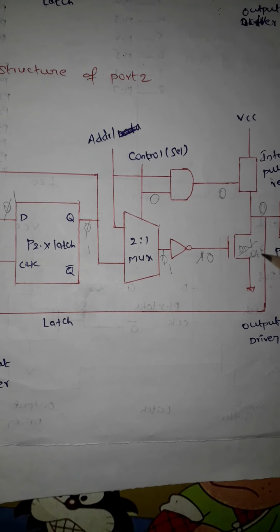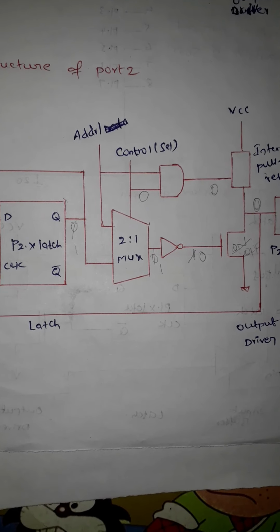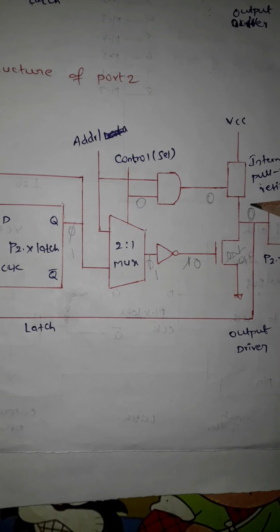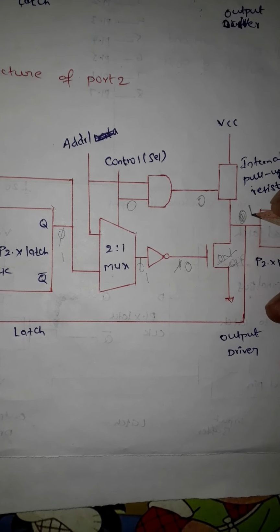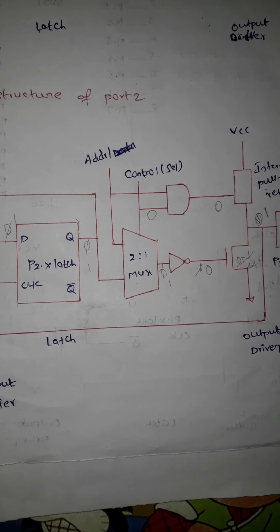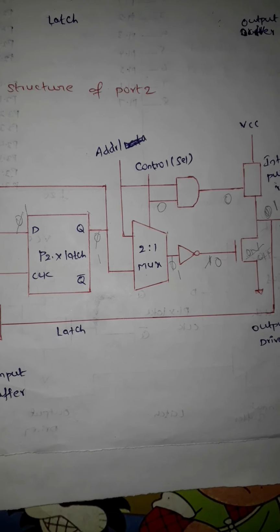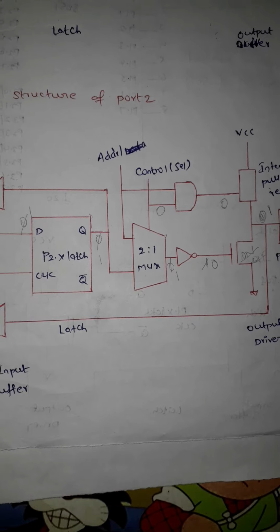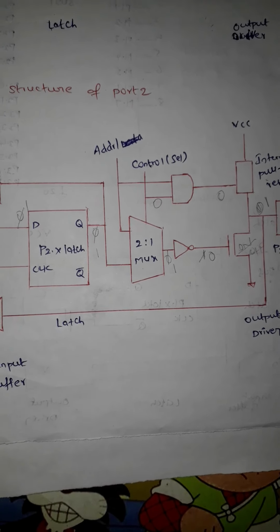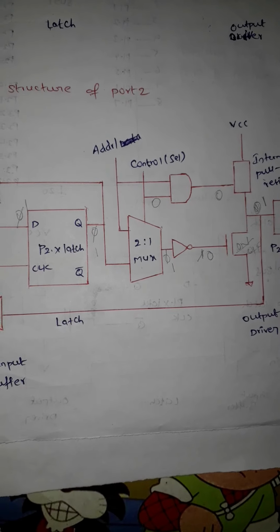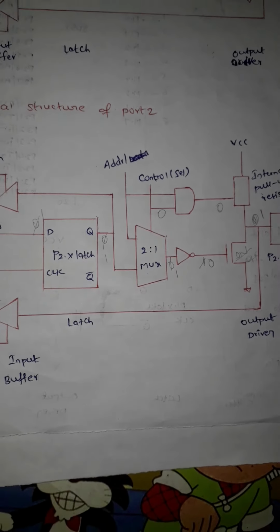If the transistor goes to the off state, then this output is pulled high through the internal resistor to VCC, then it becomes 1. So this is how you can write the values 0 or 1 to port 2, and the read operation is just similar to that of the port 0 read operation and port 1 read operation.